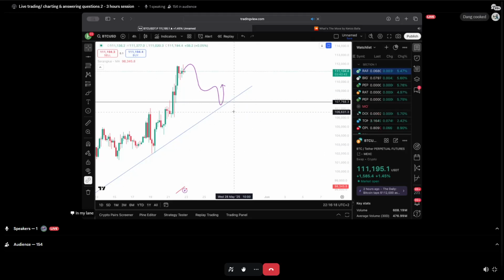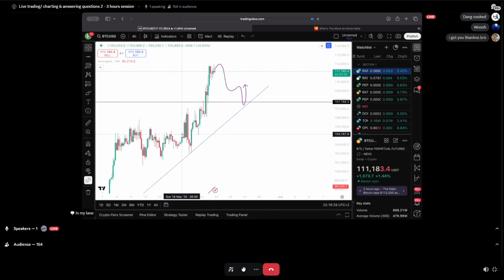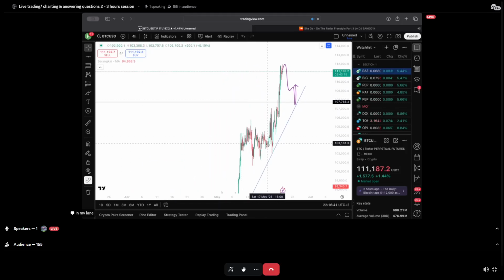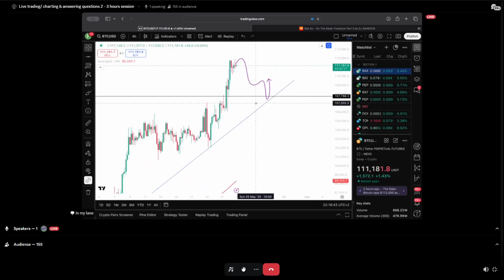It will retest that trend. It won't go in a straight candle like this. If it does, okay, fine, you can long it here. But it won't. Rarely happens.